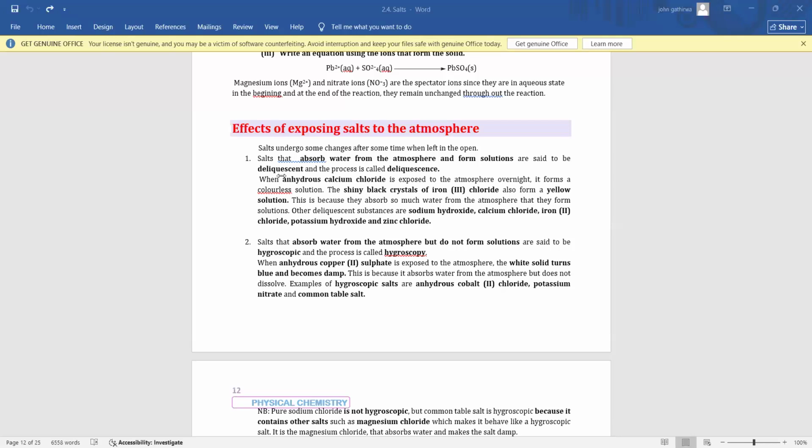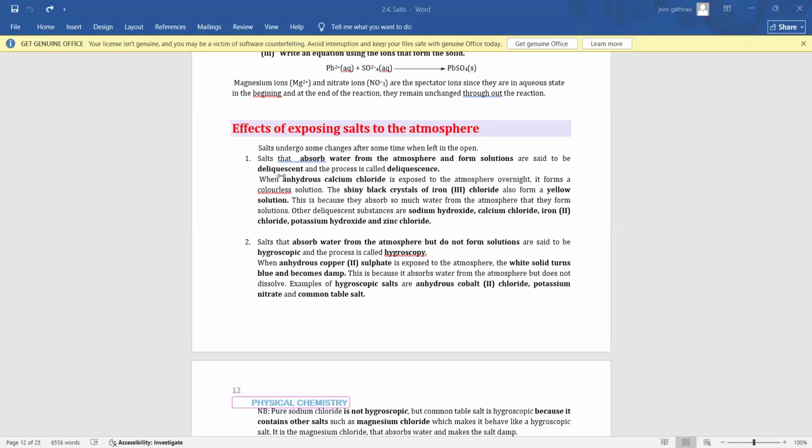A very good trial, Terence. That is good. But I want you to tell us, when we add this dilute sulfuric acid, what are we obtaining? Copper 2 sulfate solution. Then the next point? You filter the unreacted copper 2 oxide. Then after filtering, you place the filtrate in an evaporating dish.